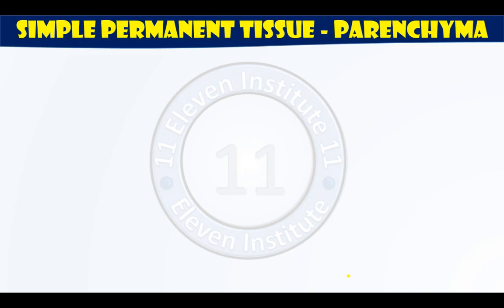So, the first among them is parenchyma. For each and every tissue, we would like to highlight three or four things. The first one is location, right? Where exactly in plants they are present. Second one is their structure, right? Like shape, size, what they are made up of, what they are composed of, etc. And the last aspect that we would discuss is the function or role of that particular tissue.